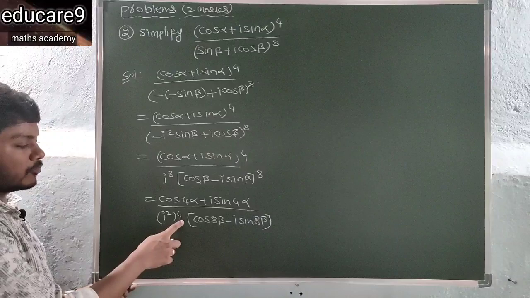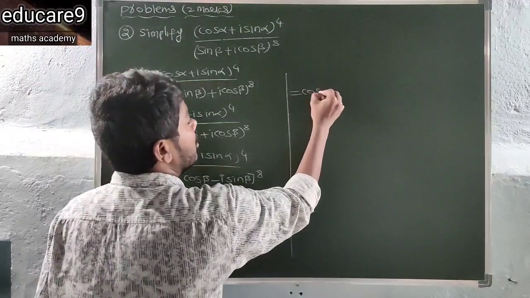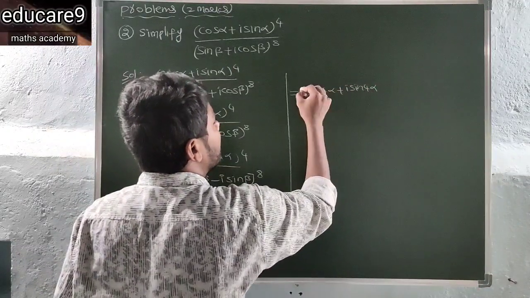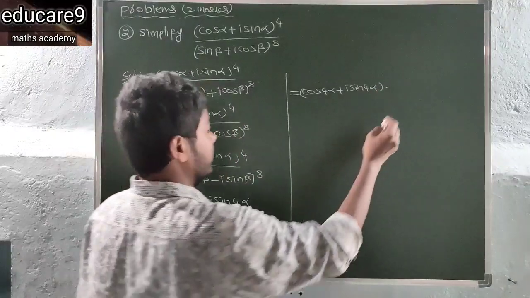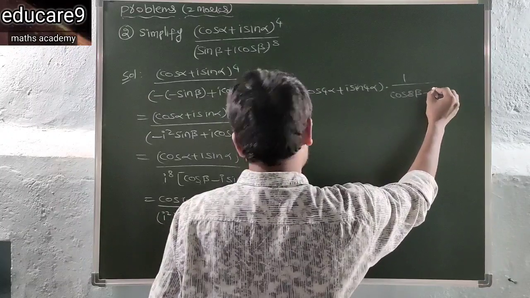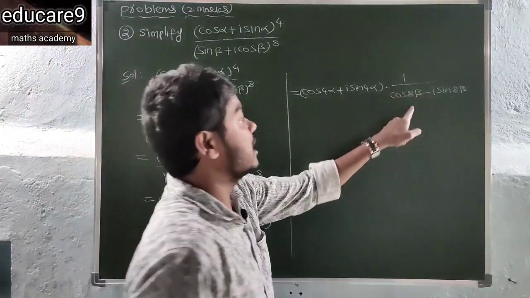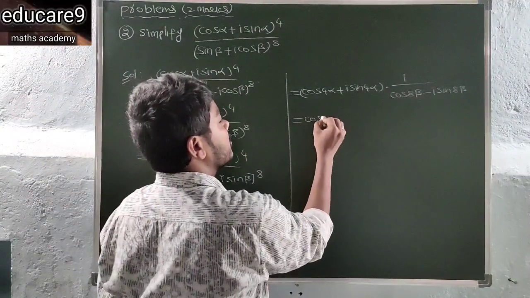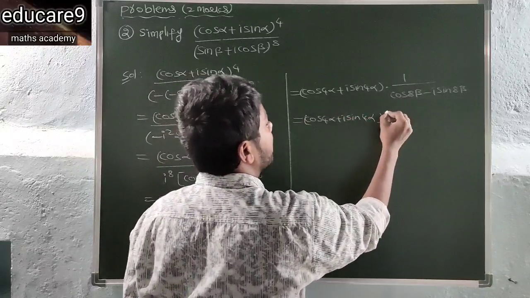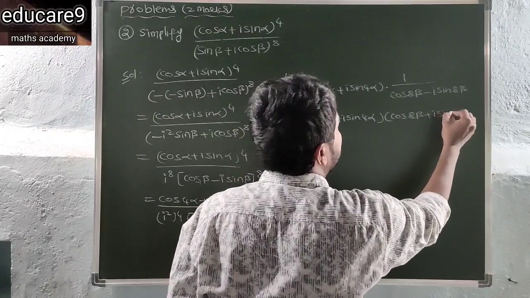So (minus 1) whole to the power of 4 is positive only. So this is cos 4 alpha plus i sin 4 alpha into 1 by (cos 8 beta minus i sin 8 beta). So clearly this can be written as cos 4 alpha plus i sin 4 alpha into (cos 8 beta plus i sin 8 beta).